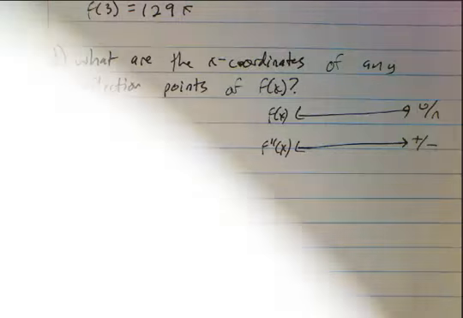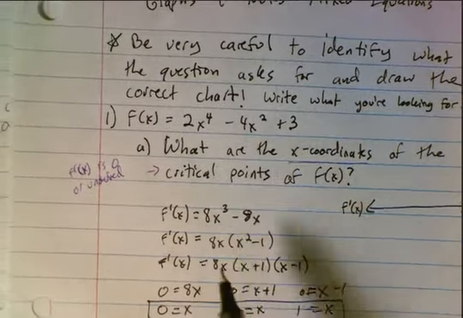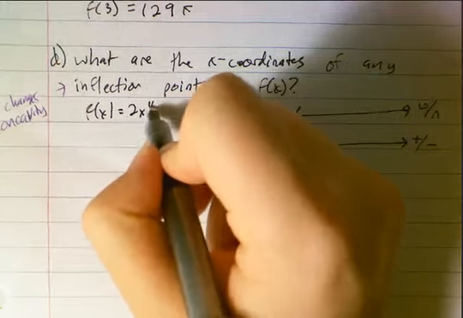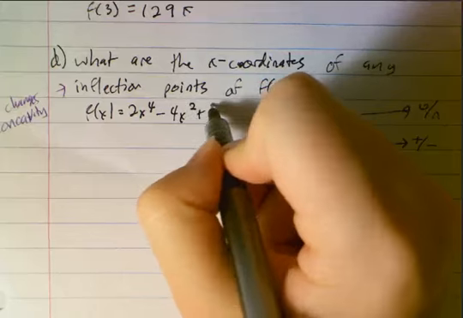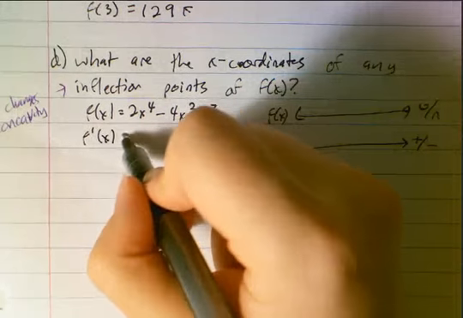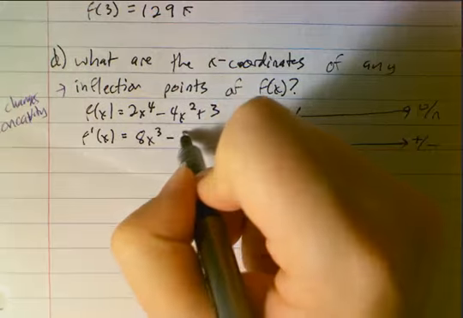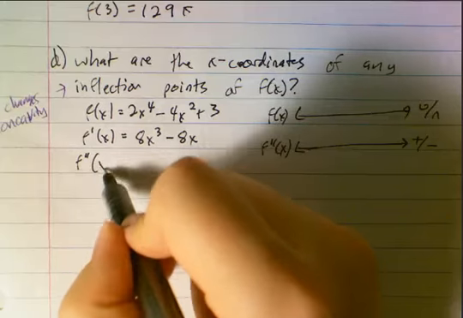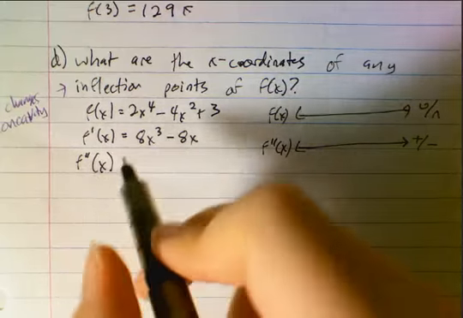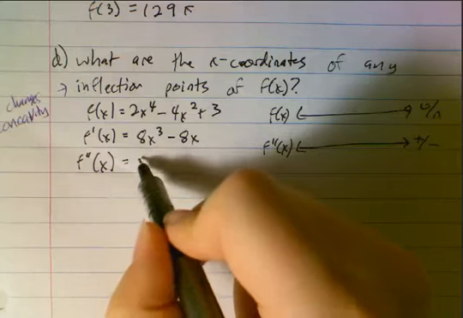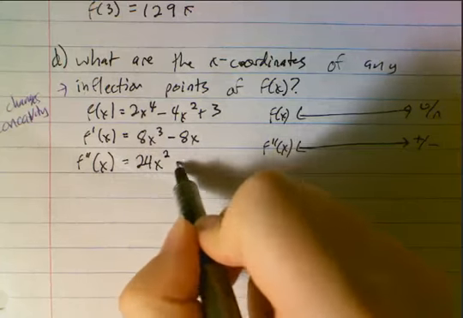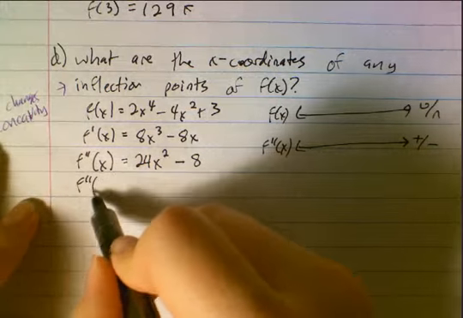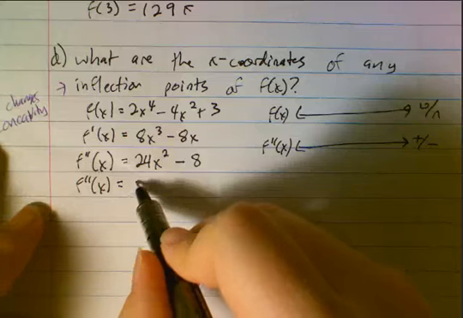So if I look back here, I'd gotten f of x, I'd gotten f prime, so let's just write those out again. f of x is 2x to the 4th minus 4x squared plus 3, and I'd found that f prime was 8x cubed minus 8x. So one more time, f double prime of x, I'm going to bring down that 3, 8 times 3 is 24x squared minus 8. And then I need that in factored form as always, so f double prime of x, I'm going to factor out that 8.